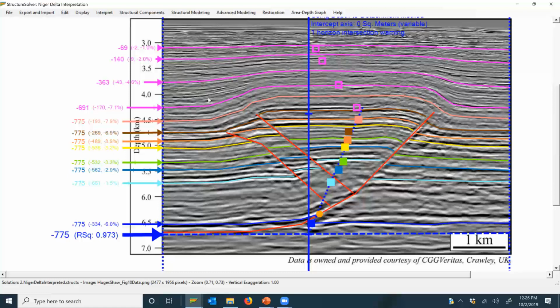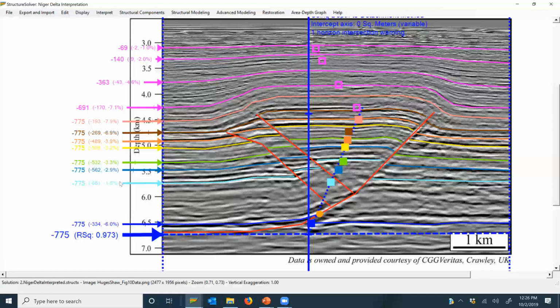You can see that this earliest growth horizon experienced most of the total displacement, and then at the more recent time, the less folded horizon has barely any displacement at all. So this is where the area depth plot actually begins to give us some information about the displacement history too.